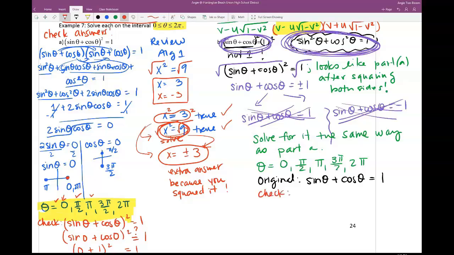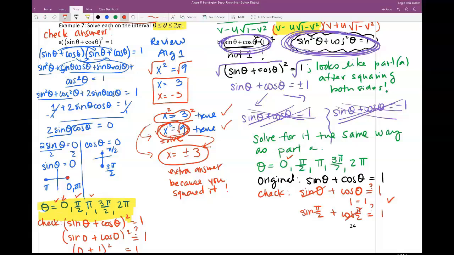So check. When theta is 0, let's plug in. Sine of 0 plus cosine of 0, is it equal to 1? Well, sine of 0 is 0, so that goes away. Cosine of 0 is 1, so 1 equals 1. Check, I can keep that one. How about when theta is pi over 2? Sine of pi over 2 is 1 plus cosine of pi over 2, is it 1?